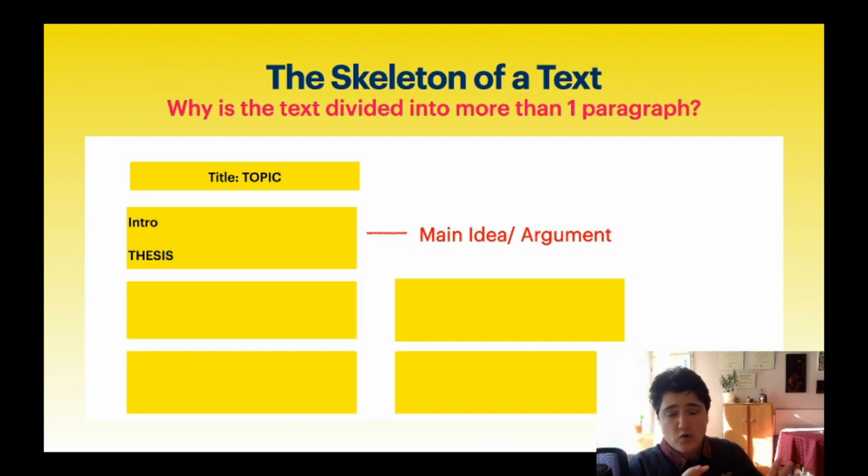But the author, he or she, will need to show us this argument from a few different aspects of it, and each of these aspects is going to be a separate paragraph, and hopefully, combined together, they will create a good persuasive case for the thesis, which is in the first paragraph.